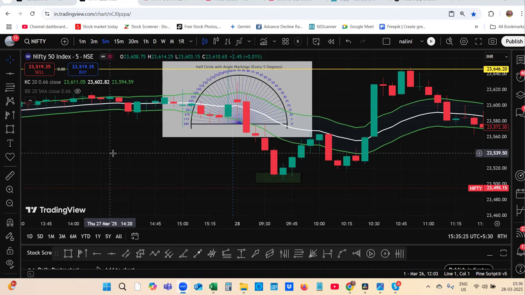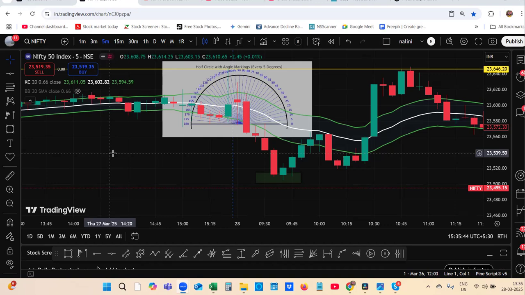So if we add and subtract, we are getting the support and resistance levels based on the 90 degree angles. That is very, very important. They are not random things. They are not subjective. They are practical.